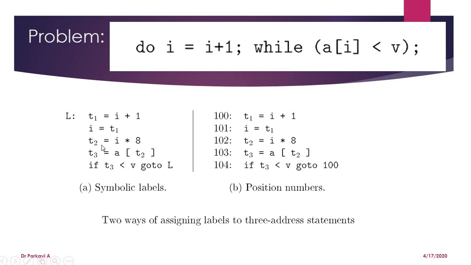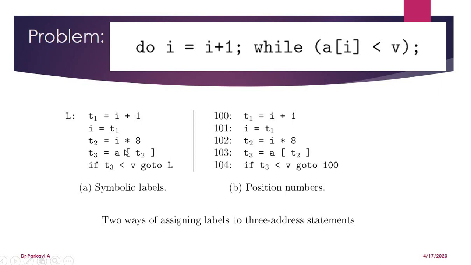Then temporary variable t2 equal to i into 8. If i is an integer variable and each integer occupies 8 bytes in a particular machine architecture, then i into 8 has to be calculated and that value transferred to temporary variable t2. Then here what we are checking is a of i less than v.